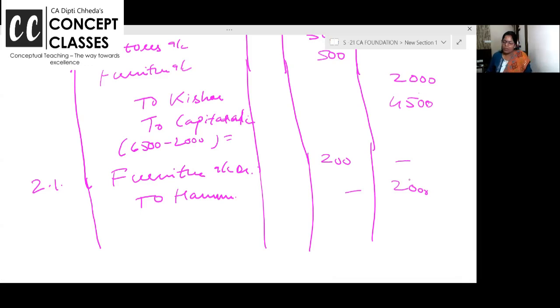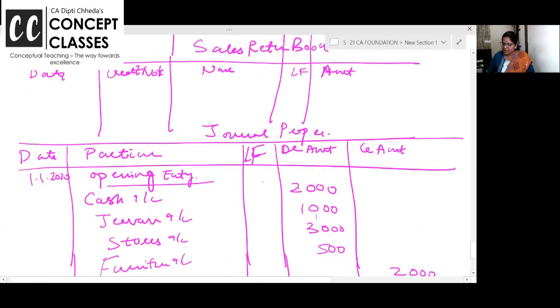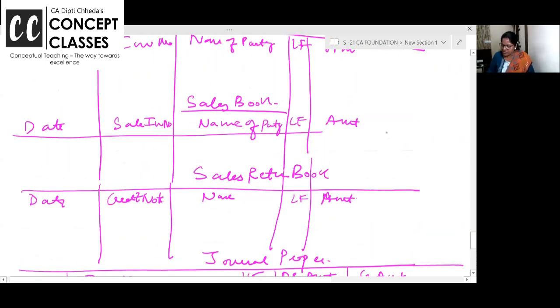Now, third transaction. Read the problem. I'm not reading now. I've already read once. We have sold the goods on credit. So we will record in the sales book. What is the date? 8th of January. Invoice number is missing, but we have sold the goods to Mahendra. 10 watches at 30, 300.